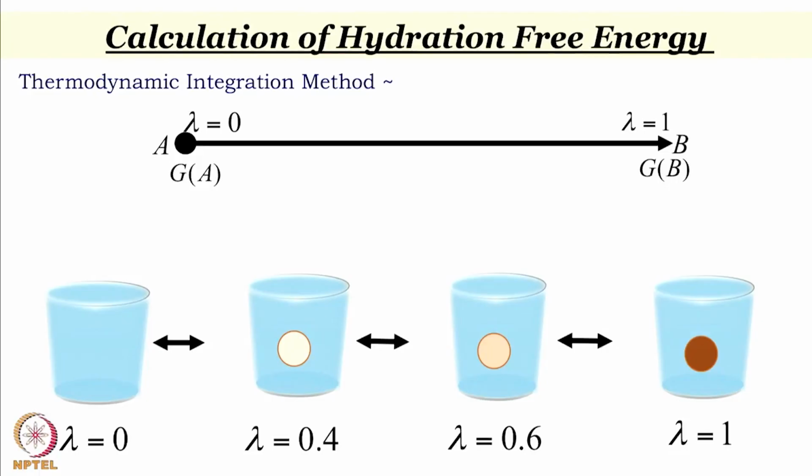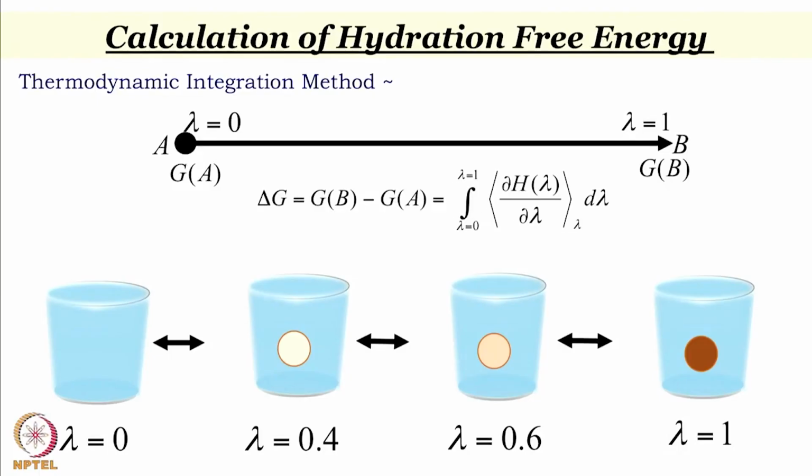So, my entire interaction is put on, then that is my final simulation. To find out the free energy from 0 to 1, at each step there is an interaction. So, my Hamiltonian, or the interaction, now depends on this parameter lambda. So, I take a derivative of H with respect to lambda, that is called dH_lambda by d lambda, and I take an ensemble average. What is the meaning of ensemble average? I am going to do a large number of steps in my simulation, say 100,000 or 1 million steps.